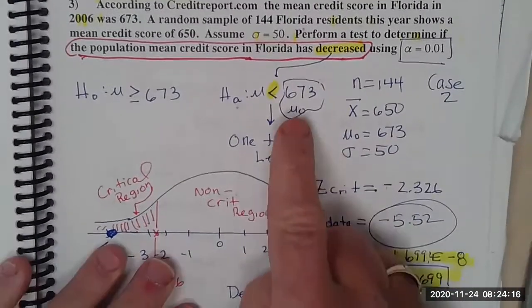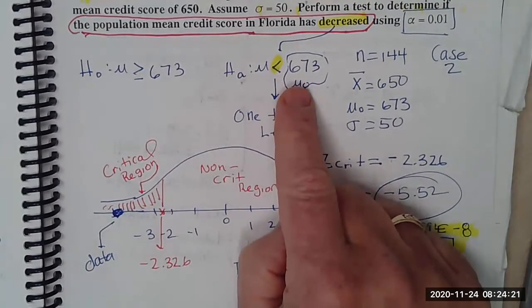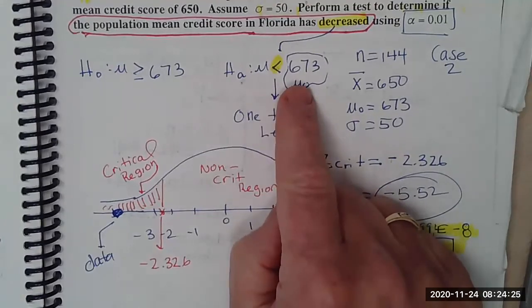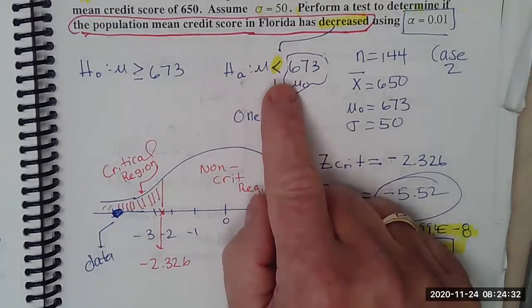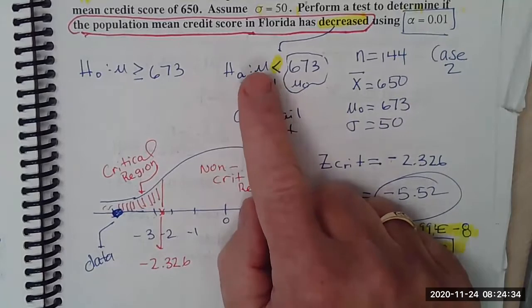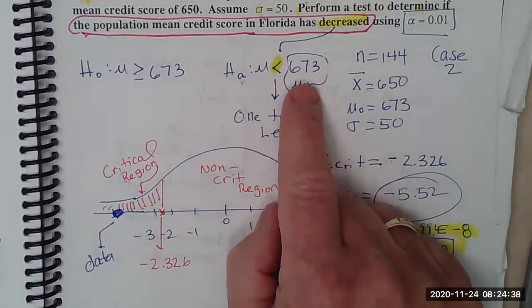Think about this. Even right here, if all I have to do is move the 673 over to the left-hand side, and you have a 0 on the right-hand side, it's just algebraically changing it to look a little bit different. You go mu, subtract 673 has got to be less than 0. Whatever this is, the difference between that, which we don't know, and 673 has got to be less than 0.